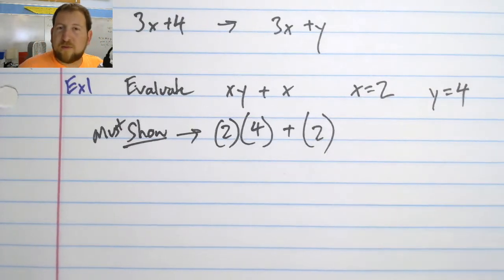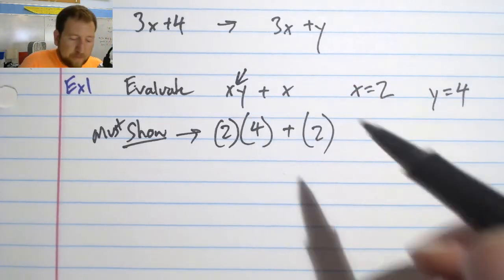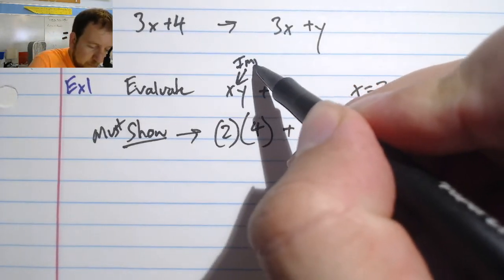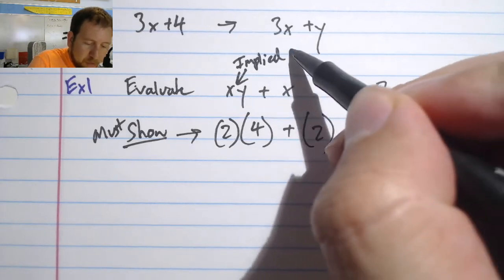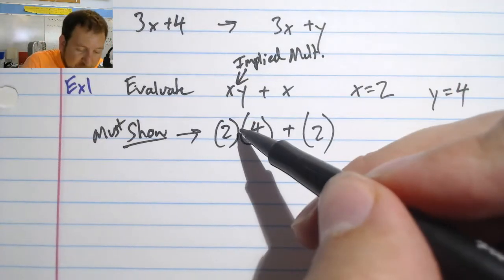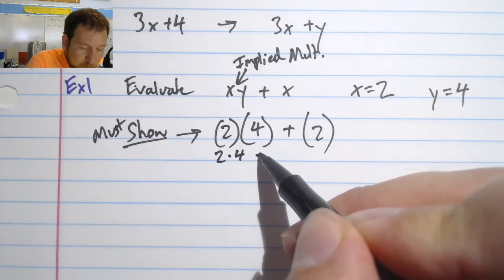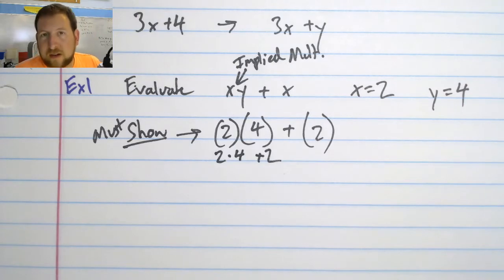This 2 and this 4, they're next to each other, but remember, when I have two variables next to each other like that, that is an implied multiplication. That means I have to multiply in here. So I could rewrite this like this, 2 times 4 plus 2, but I don't have to necessarily do that as long as I really understand what's going on.